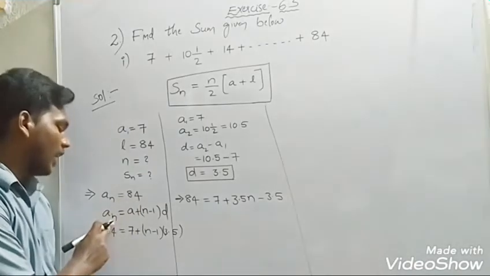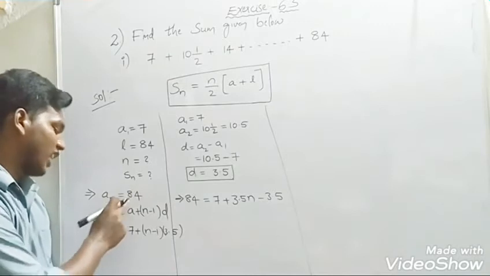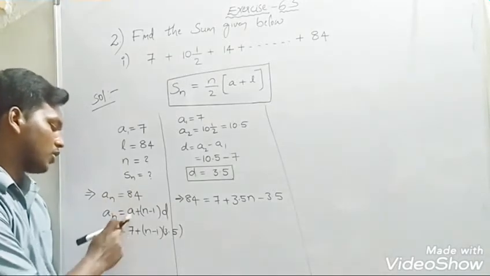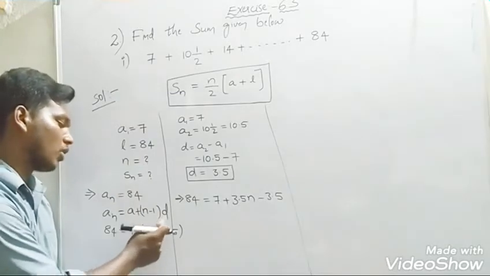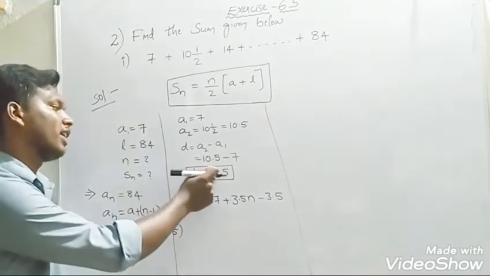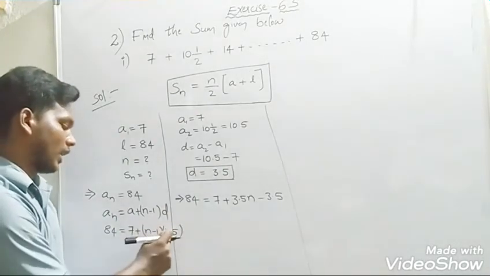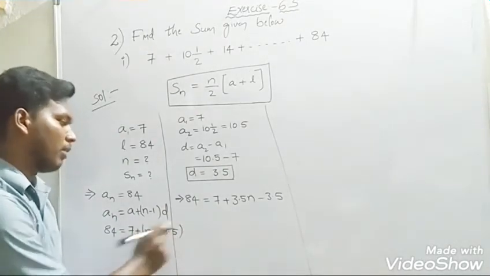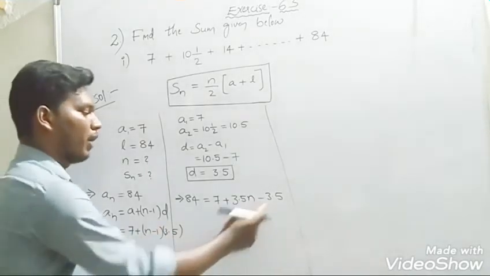That means an is equal to a plus n minus 1 into d. So what is an, friends? 84. So 84 is equal to, what is the value of a? A is 7, right? So 7 plus n minus 1 into common difference. Here I found the common difference d is equal to 3.5. So after calculating, 3.5 into n will be 3.5n, minus 3.5 into 1 will be 3.5.